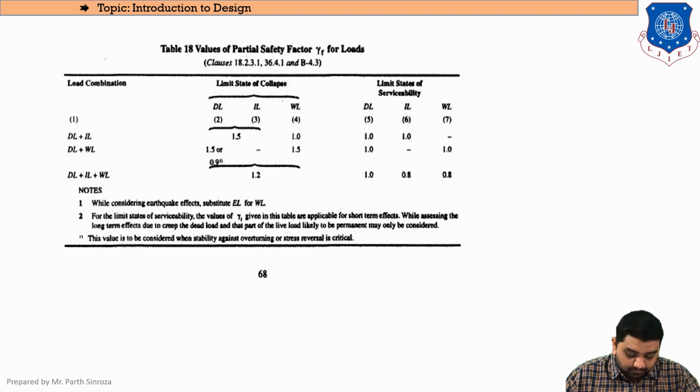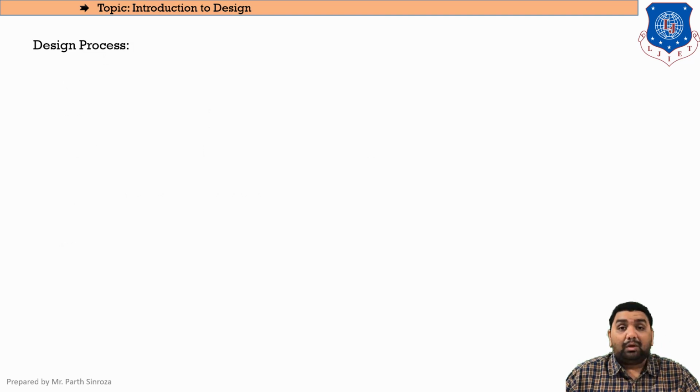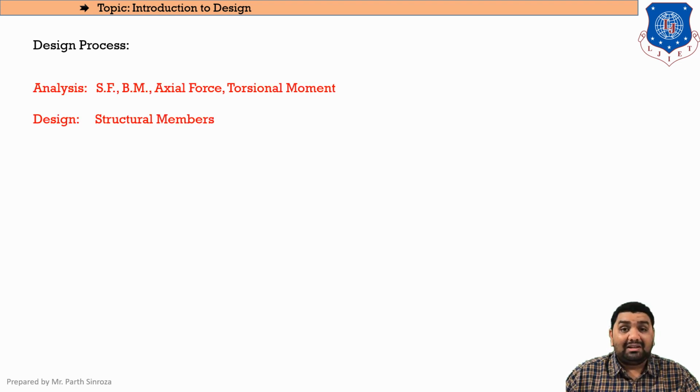Okay? So moving forward, what is a design process? A design process is basically divided into two parts, that is analysis and design. For the analysis portion, this you have studied up till now. You have studied mechanics of solids and structural analysis 1. That was the basic fundas of design.